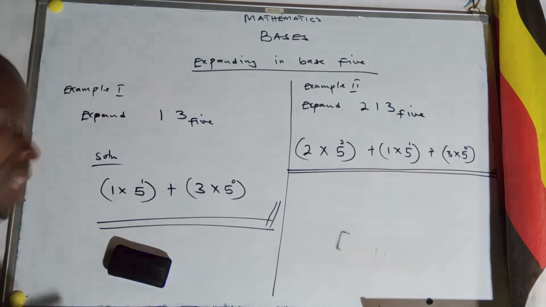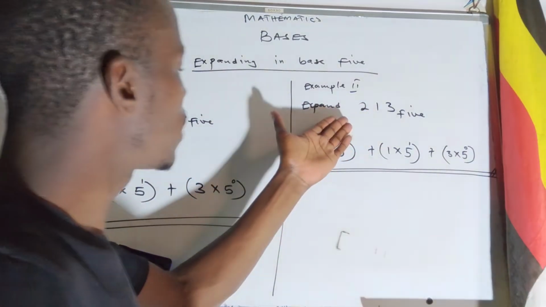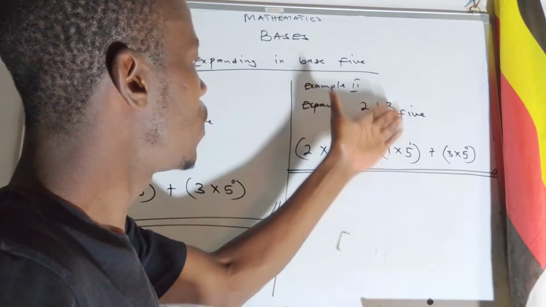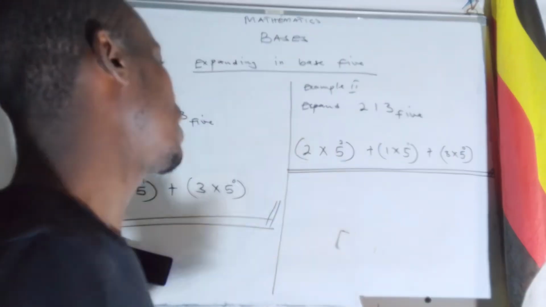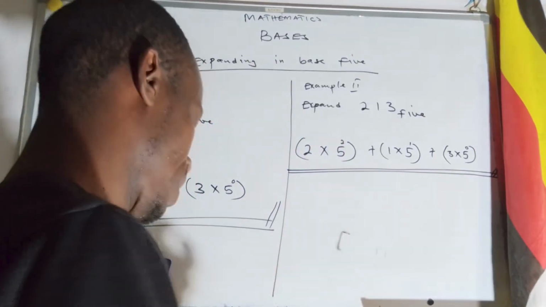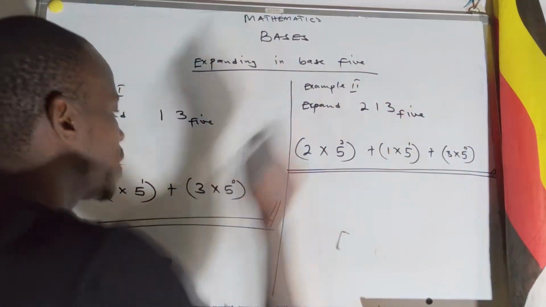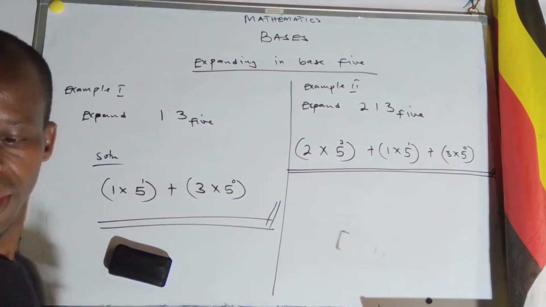That's how we expand. If they tell you to write 2, 1, 3, base 5 in expanded form, they need this answer. You write like this. You multiply each digit by its base, which is base 5 here. So, as simple as that.